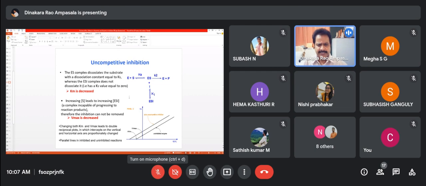Okay, next, uncompetitive inhibitors, like non-competitive inhibitors. Here also you can see enzyme substrate will form product. When you add inhibitors, it forms an enzyme substrate inhibitor complex, and because of the presence of the inhibitor, it will not go on to the further reaction to get product. Okay, so in these uncompetitive reactions, both will change here.